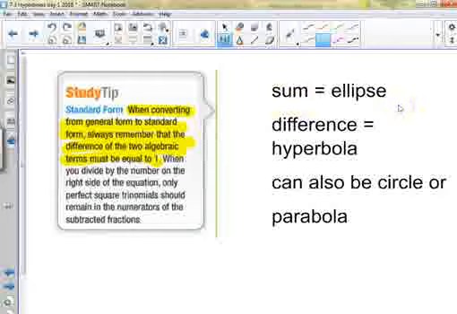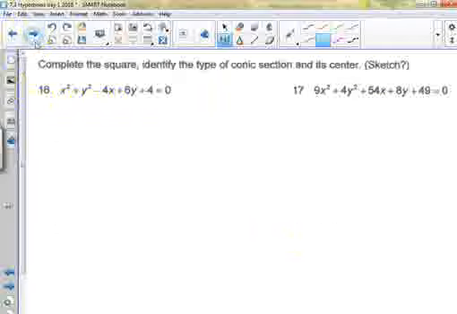If it's going exactly the same in either direction, it's a circle. If it's a difference in the middle of the two quantities, it's a hyperbola. What would make it a parabola? If they're not both squared, if one of them's squared and the other one's not, right? Then it's a parabola.